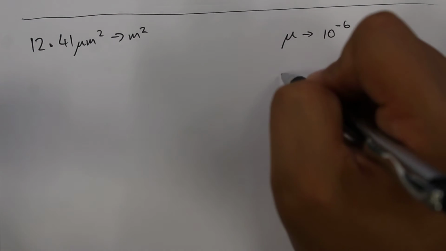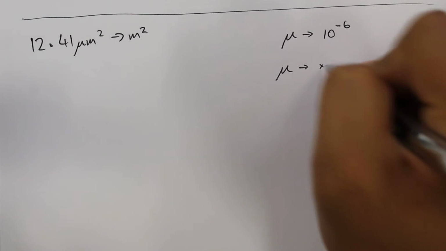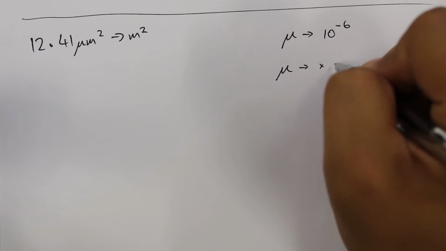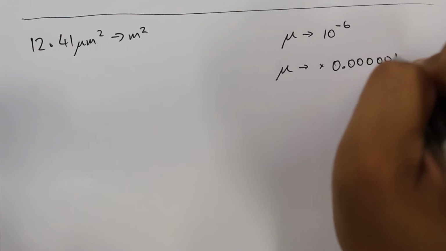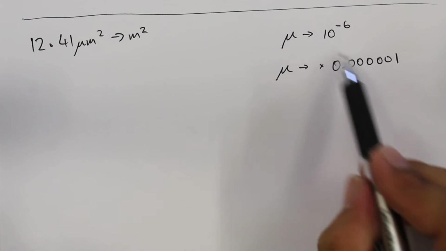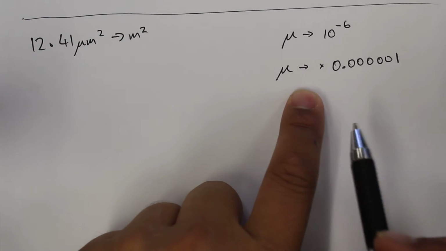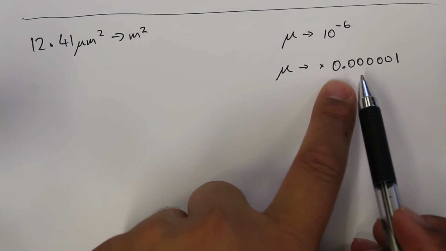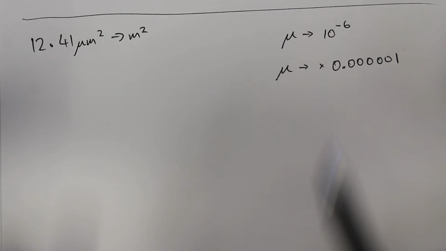We could write that as micro is the same as times 0.000001, same number. So what we can do is directly substitute this number into this unit.